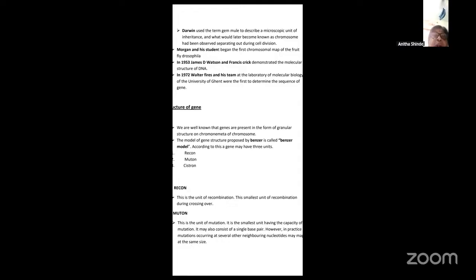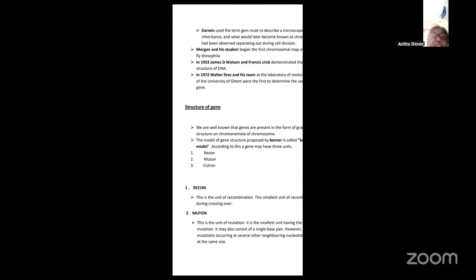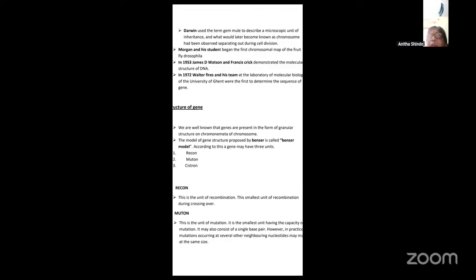Now coming to the recon. What do you mean by recon? Recon is a unit of recombination. Recombination is nothing but the combining of two genes. It is the smallest unit of recombination, which occurs during crossing over. When genes cross over during recombination, the genes are exchanged from the parents to the offspring.